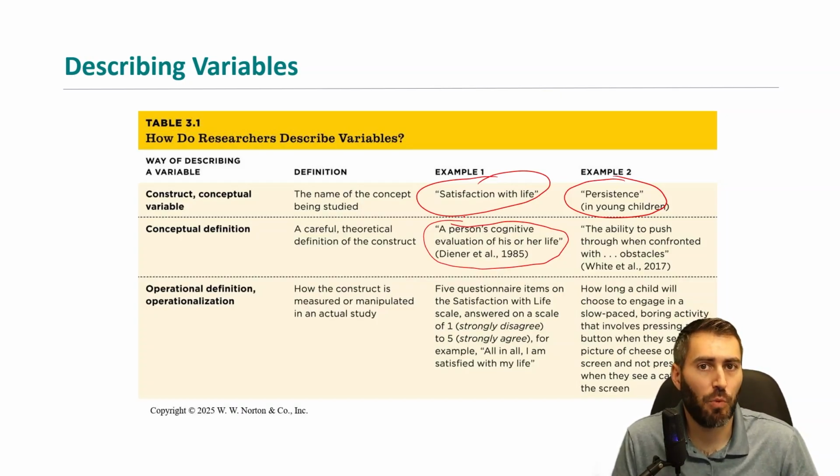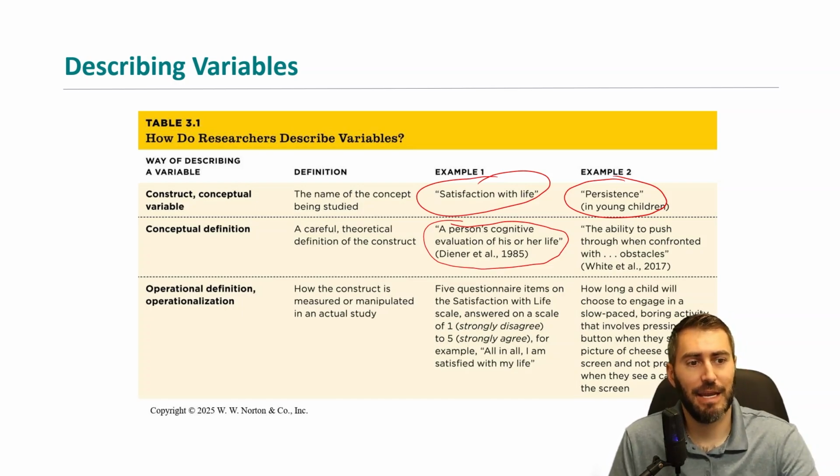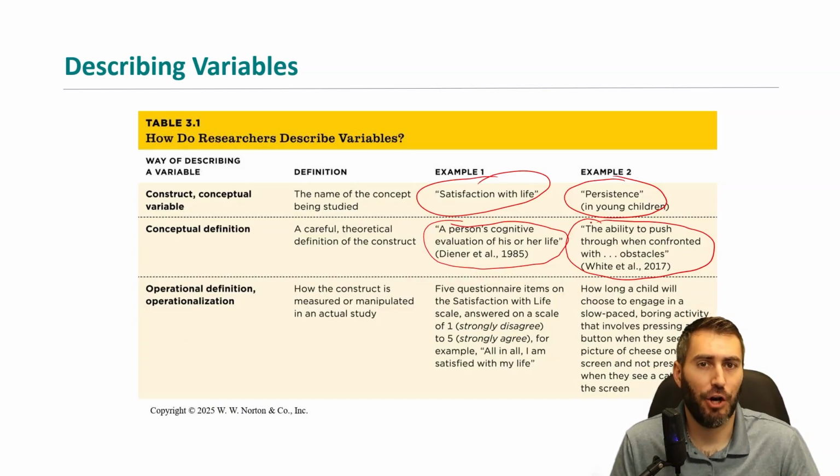And so it's a little bit more specific, but not so specific that we know exactly what we're doing to measure it, but it is more narrowed down than just the overarching construct. Same thing with the second example. So our persistence, or the ability to push through when confronted with obstacles. So we're getting a little bit more detailed, but not exactly specifying what we're specifically measuring quite yet.